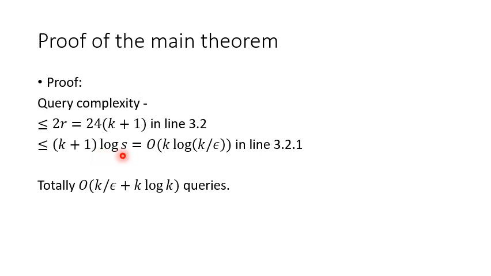So the total number of queries on line 3.2.1 is at most k plus 1 multiplied by log s. And by our selection of k and s, this is again big O of k log of k over epsilon. And so totally the number of queries is O of k over epsilon plus k log k. This is the total number of queries the algorithm makes to the function.